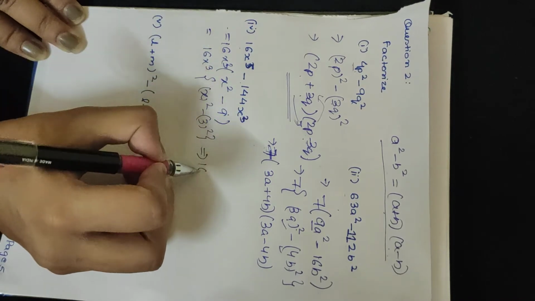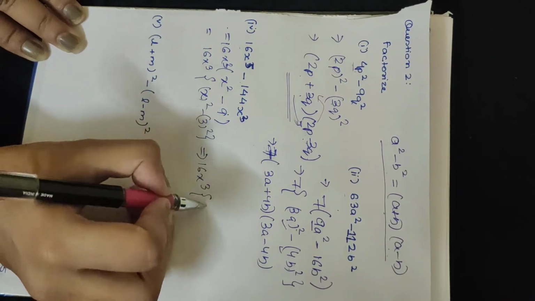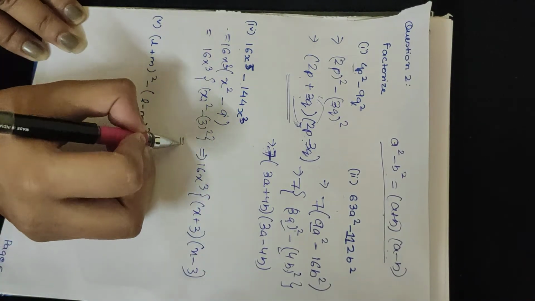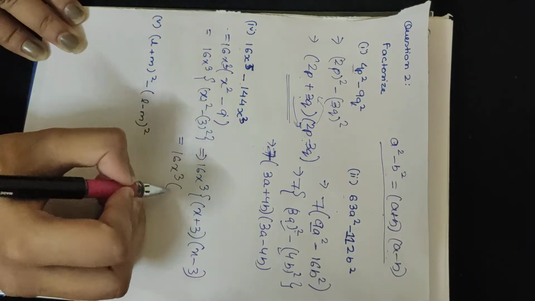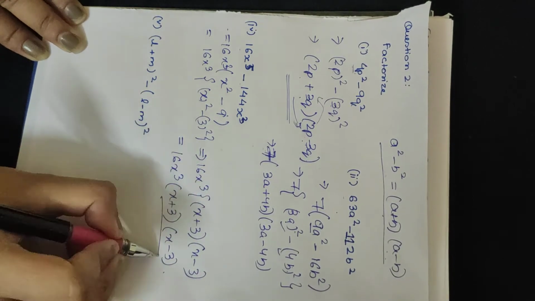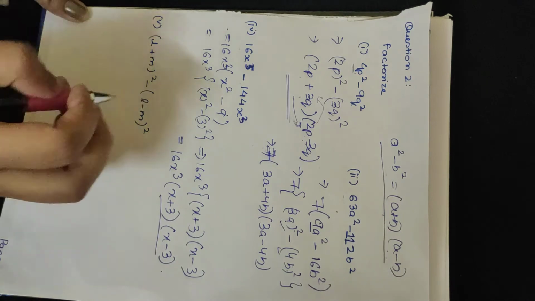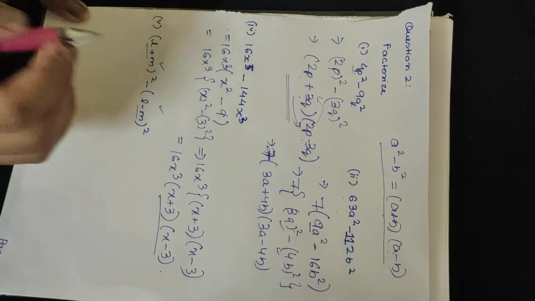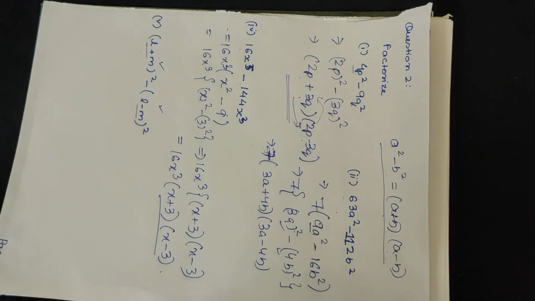So it is going to be 16x cube, x plus 3 and x minus 3. So our answer will be 16x cube, x plus 3 and x minus 3. So this is going to be the answer. You see this is also the form of a square minus b square.